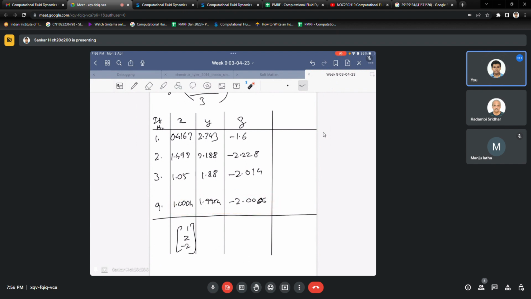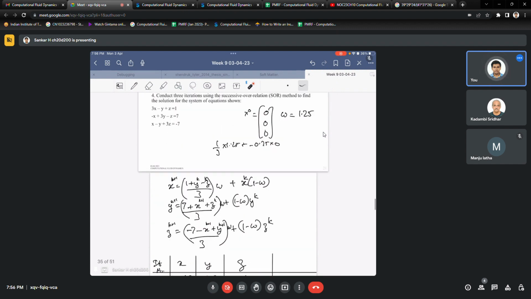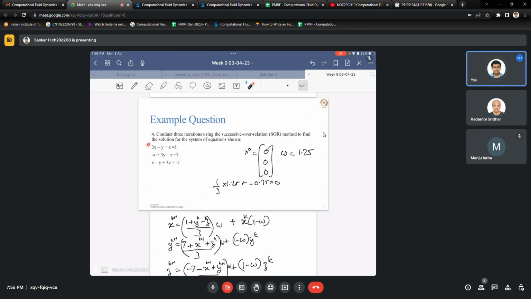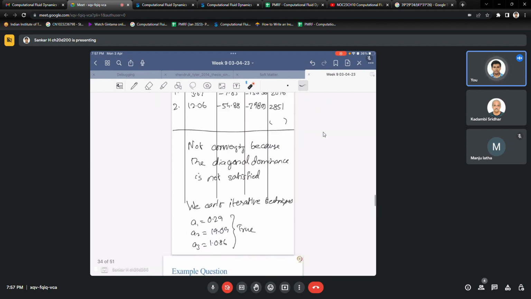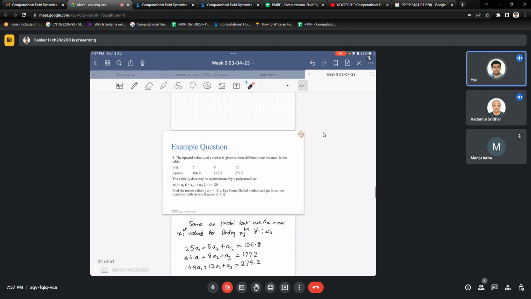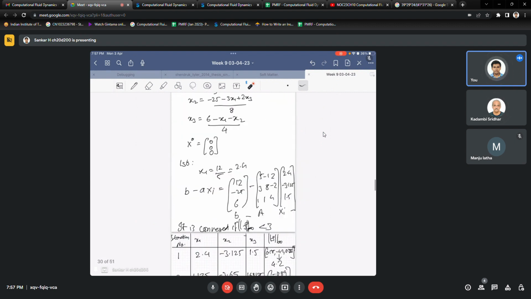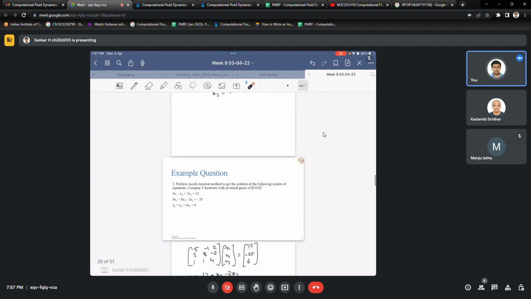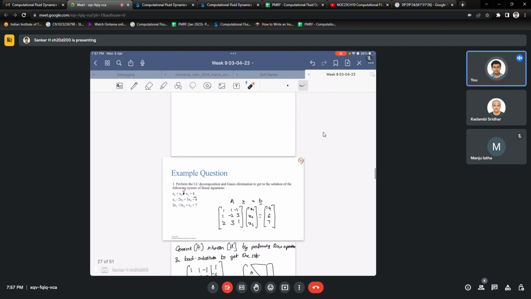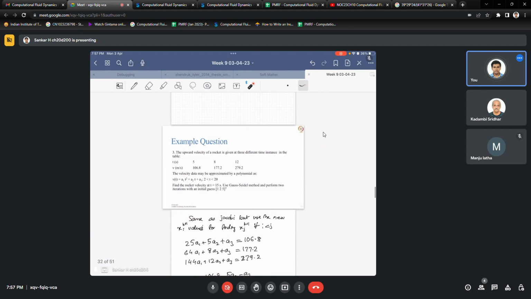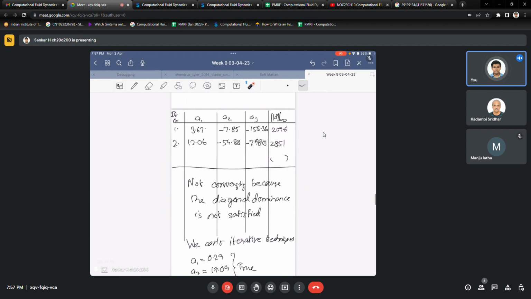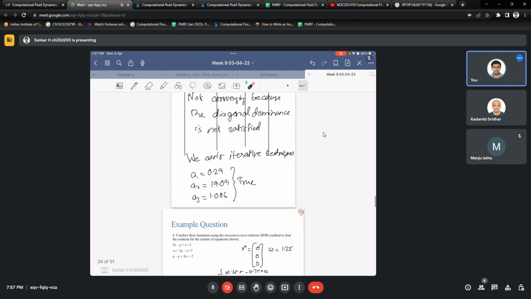Now one exercise I would suggest is to take any of the questions that I have given, either this one or the ones solved with Jacobi iteration, Gauss-Seidel, or Gauss elimination and LU decomposition, and compare the norm of the residual.